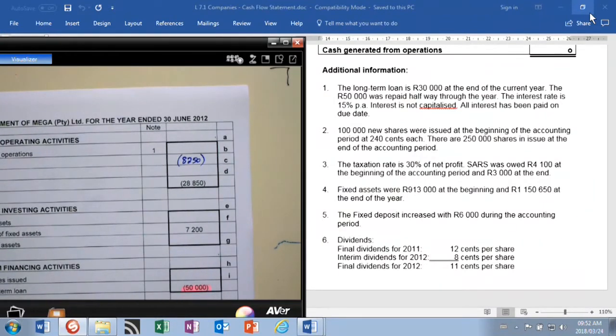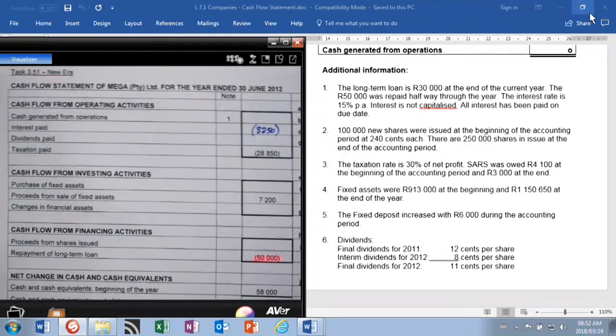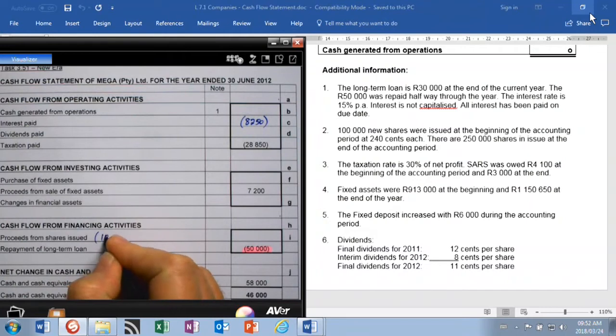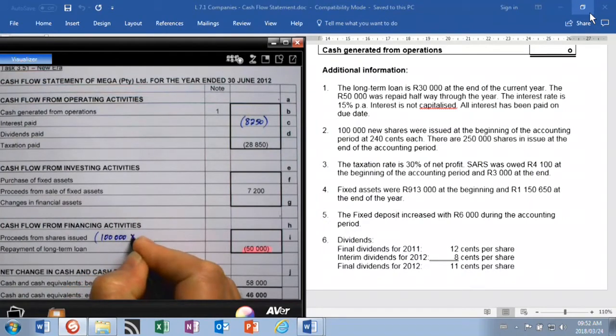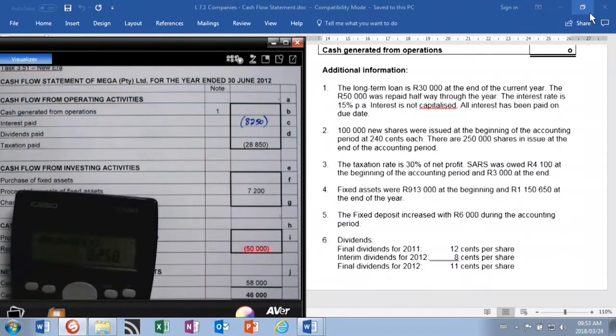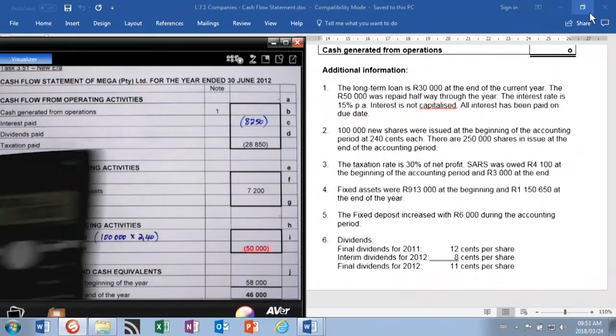Let's do all the additional information, then we can go back and see what we need to calculate. 100,000 new shares were issued at the beginning of the accounting period at 240 cents each. That is proceeds from shares issued. It was 100,000 shares times 2 rand 40, and that gives us 240,000 rand.